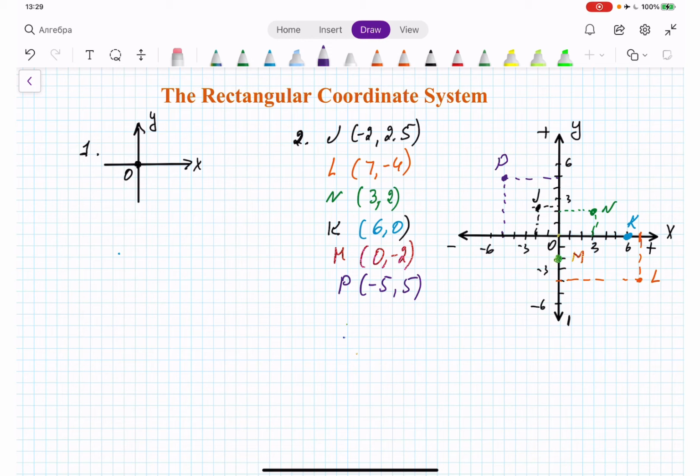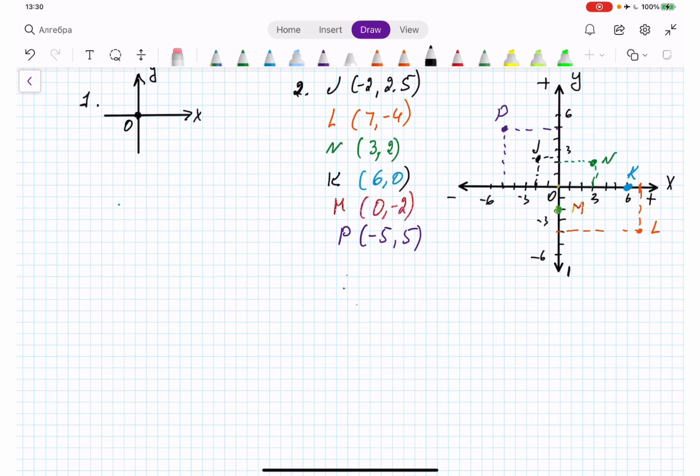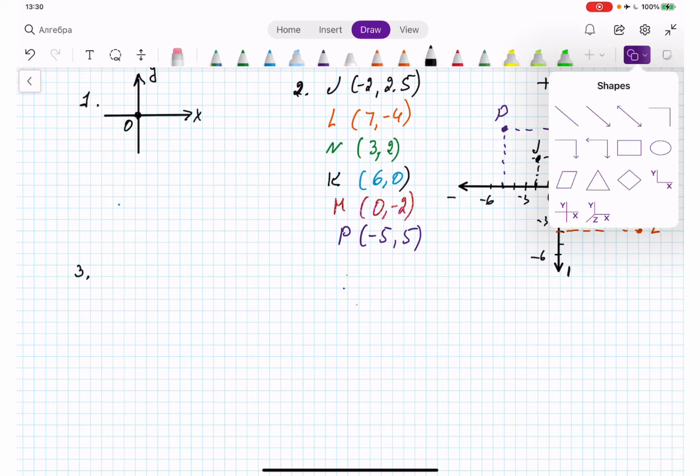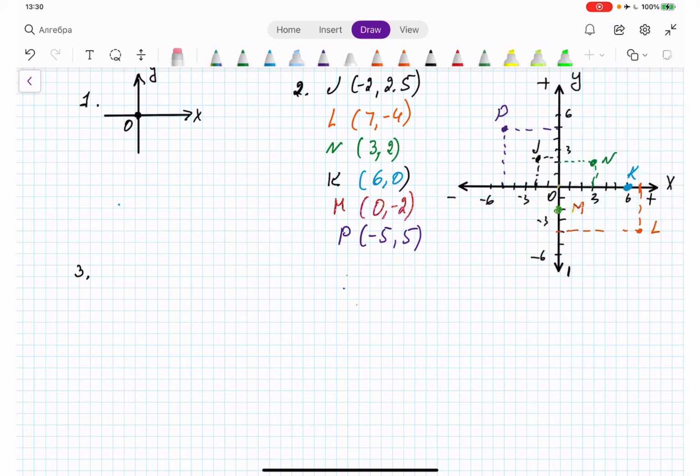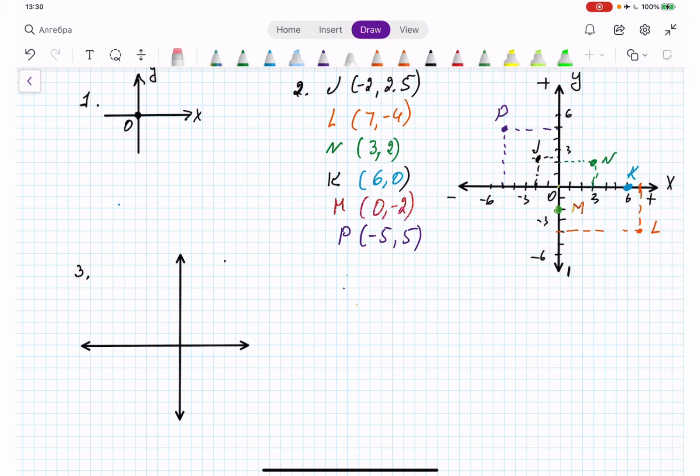Moving to question number 3. Now we are given the points. We just need to identify them. Okay, let's say we are given this, this is y, and this is x. This is 0, this is minus, this is plus.